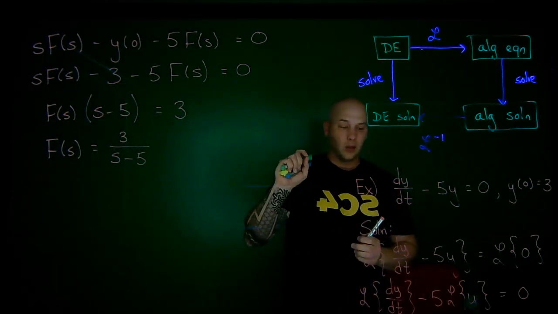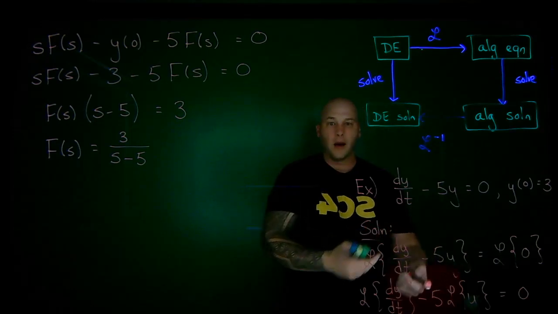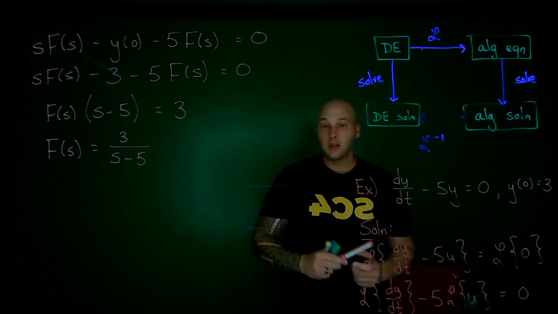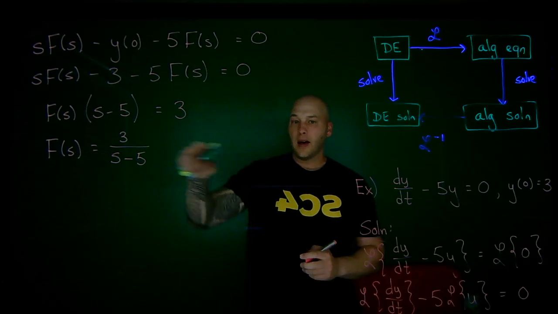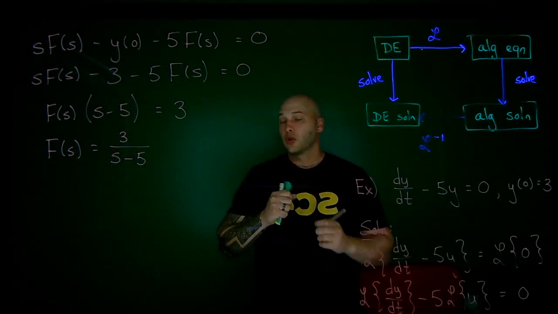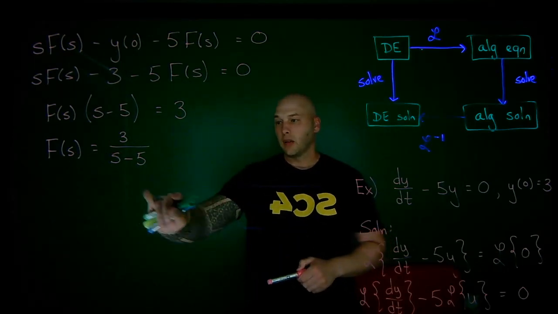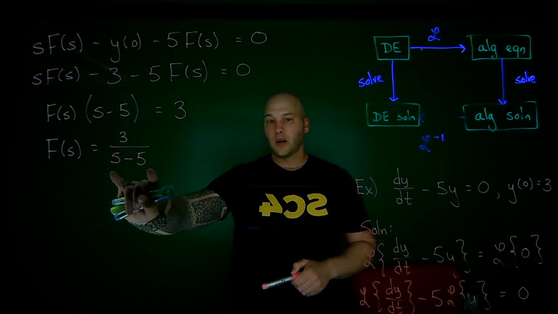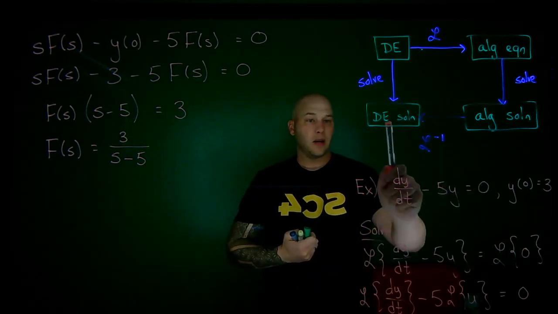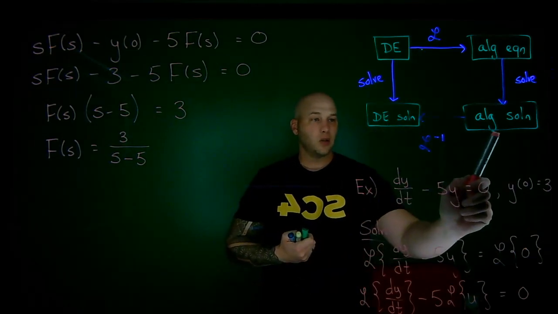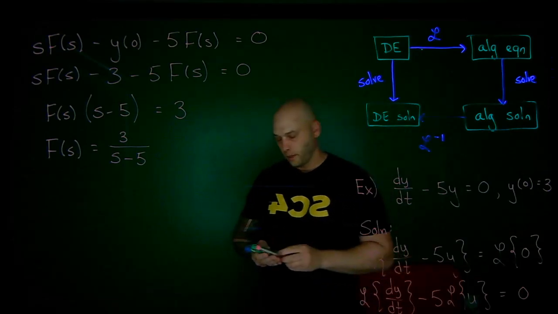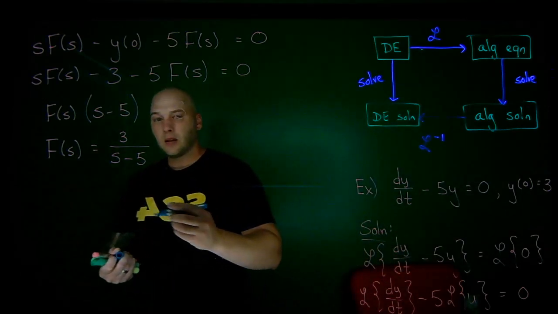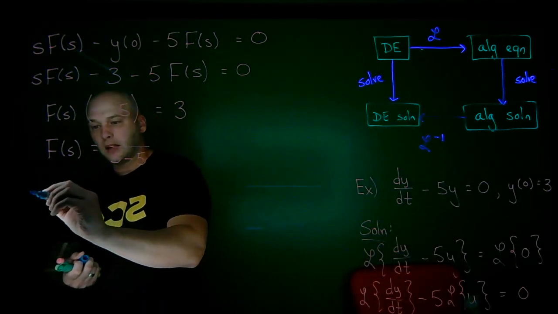Remember, lowercase f, or y equals f of t, is the unknown function. Capital F is the transform of the unknown function, meaning this right here is the transform of the unknown function. And now what I have to do to get back to my differential equation solution is use an inverse Laplace transform. This is what you would find, say, in a table of values.